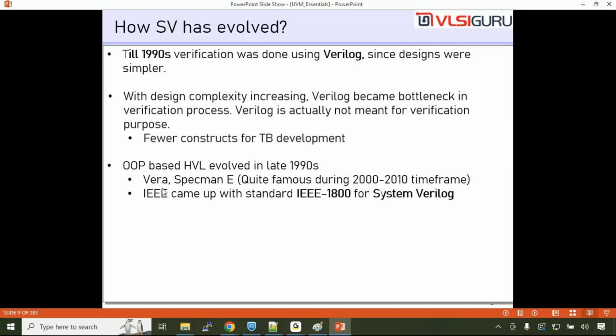Then again there became a division where some companies were using Vera, some were using E. A lot of confusion was there. Then IEEE wanted to standardize it. Then they gave a standard called IEEE 1800, which refers to SystemVerilog.